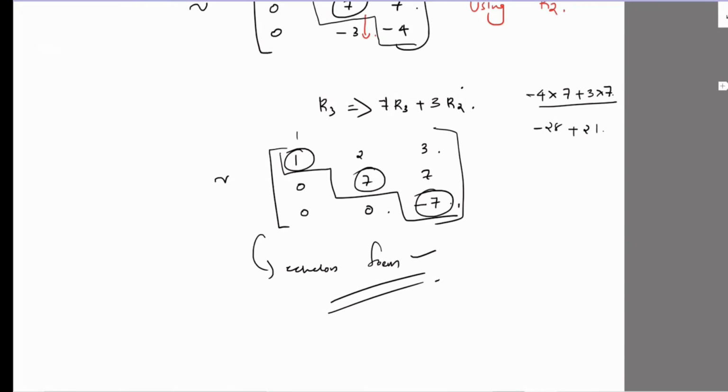So, another example. Sir, for a perfect example of echelon form, we don't have to satisfy both conditions? No. The first condition says if there is any zero row, it must be at the bottom.